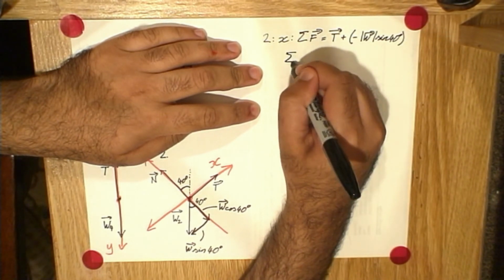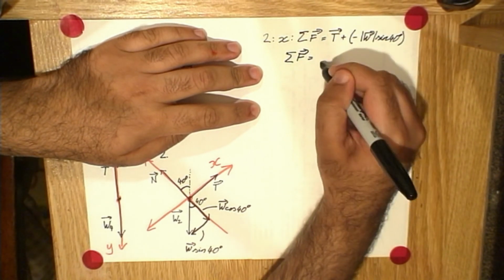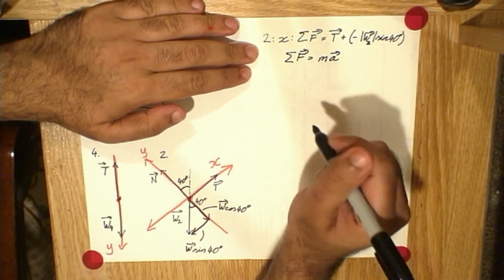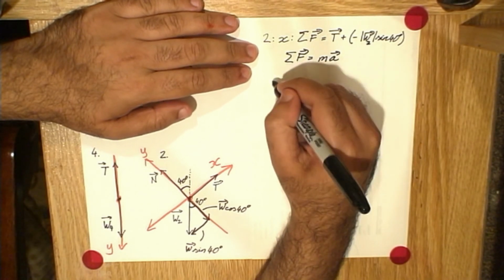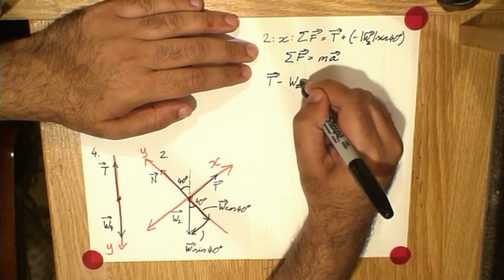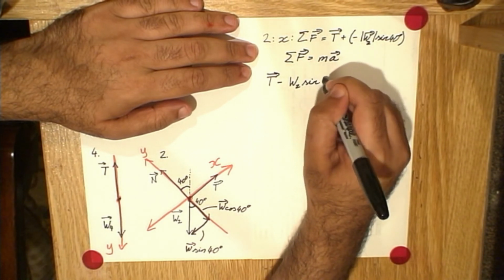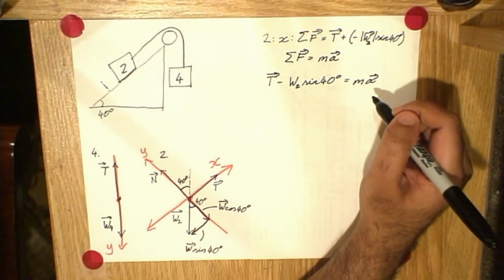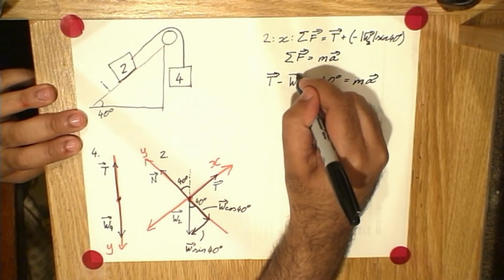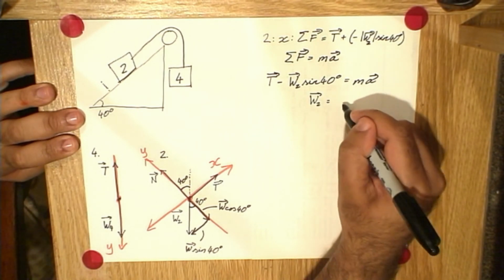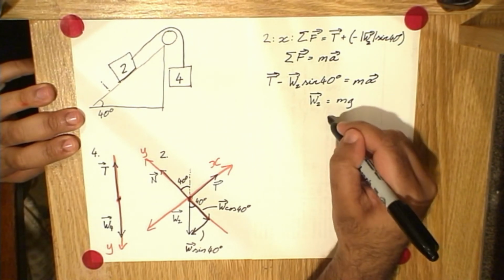So, since total force is equal to mass times acceleration, that means, and this is the weight of the 2 kilogram object, that when I put these together, tension minus weight 2 sine 40 degrees is equal to mass times acceleration.